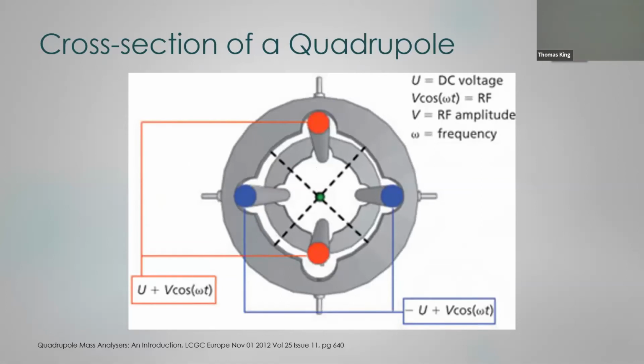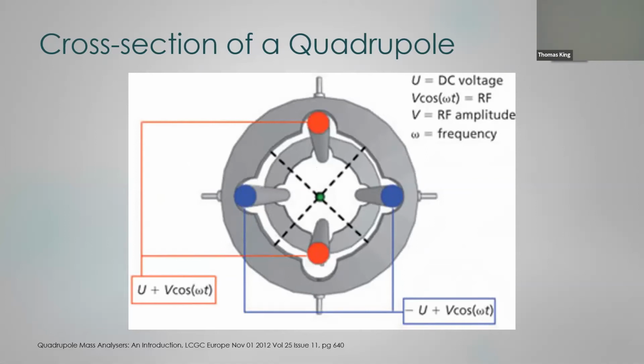And this is a cross-section of the quadrupole mass filter, which I described before. It's kind of complicated, but I'll try to explain. The green circle in the middle is basically your ion of interest, be it arsenic, lead, cadmium, or mercury. The ion travels through 4 rods.